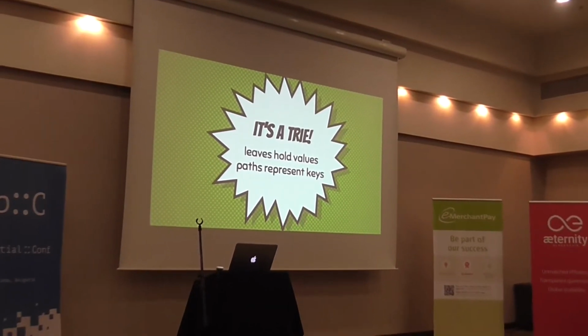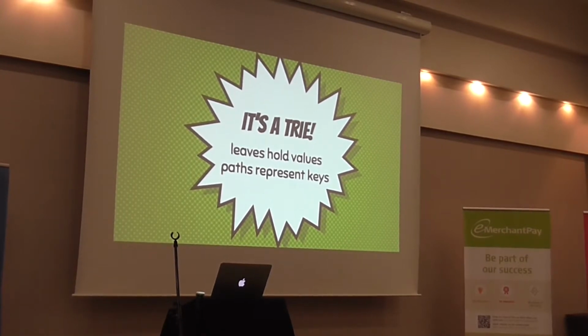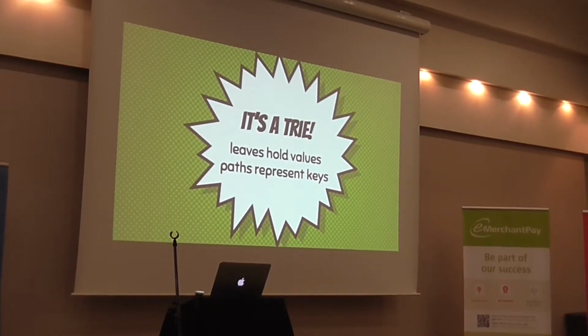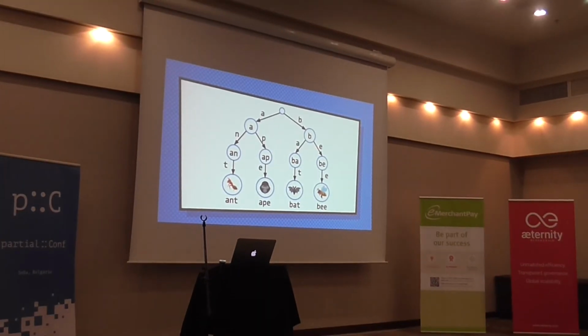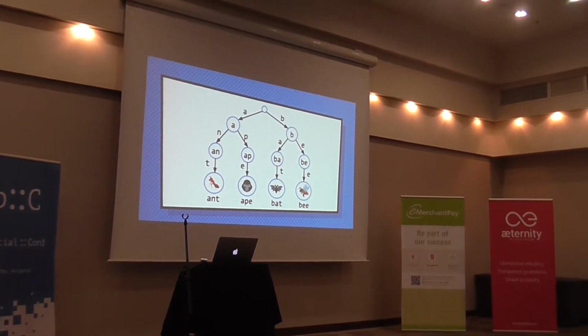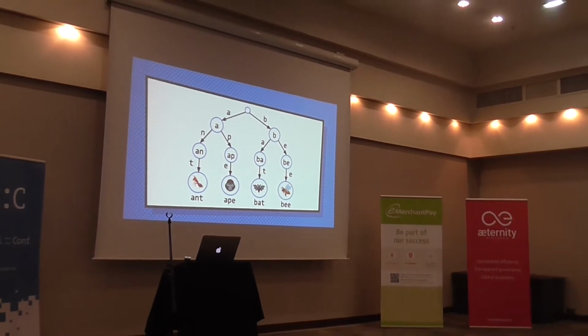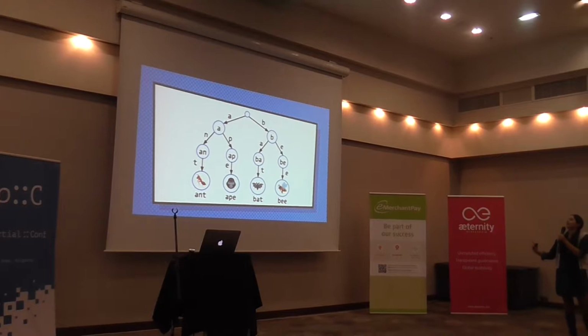where the leaves hold values. As we saw, the animals are all in the little leaf nodes, and the path from the value to the root represents the key with which that value is associated. So often these are used for doing things like storing dictionaries. Let's say I had a dictionary where I'm mapping names of animals to the actual animal emoji, which is the most important part.